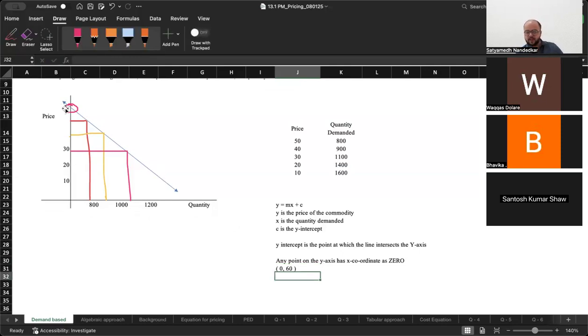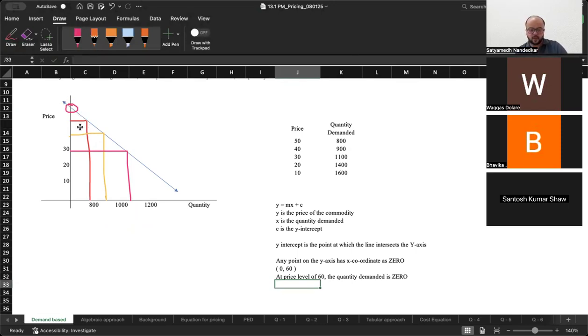So the y coordinate is 60, the x coordinate is 0, because this is the point where the line cuts the y-axis. Now what does this mean? Graphically it means that at a price level of 60, the quantity demanded is 0.